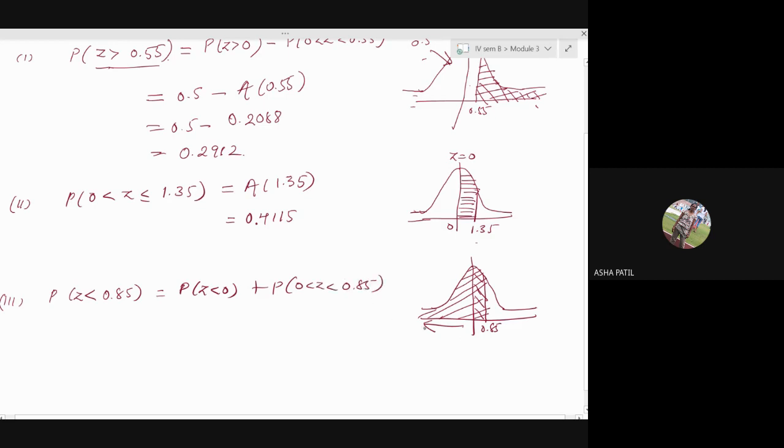The whole area to the left side plus the area lying between 0 and 0.85. Check out your table value. Is it 0.3023? Yes, ma'am. Okay. Then the sum will give you 0.8023.